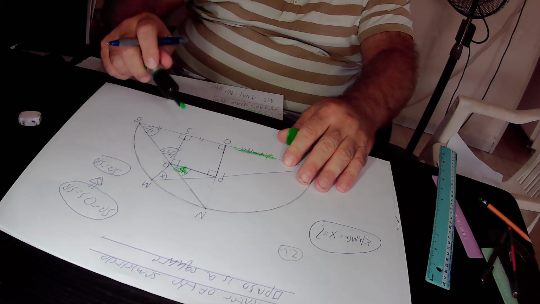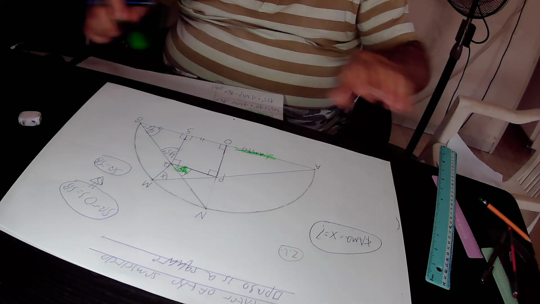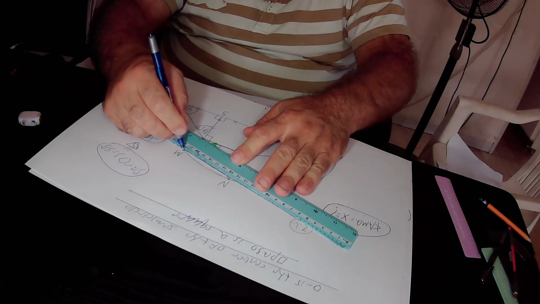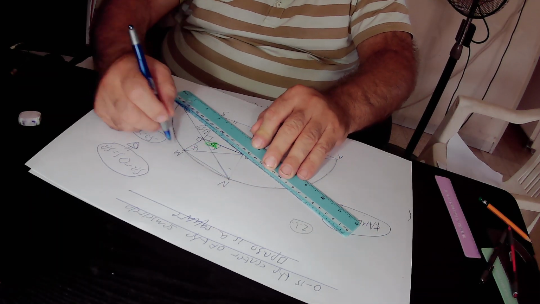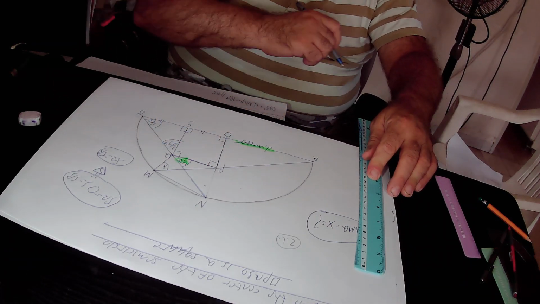In the next step, we will join points M and N together by a straight line, and we will also join points A and N together by a straight line.